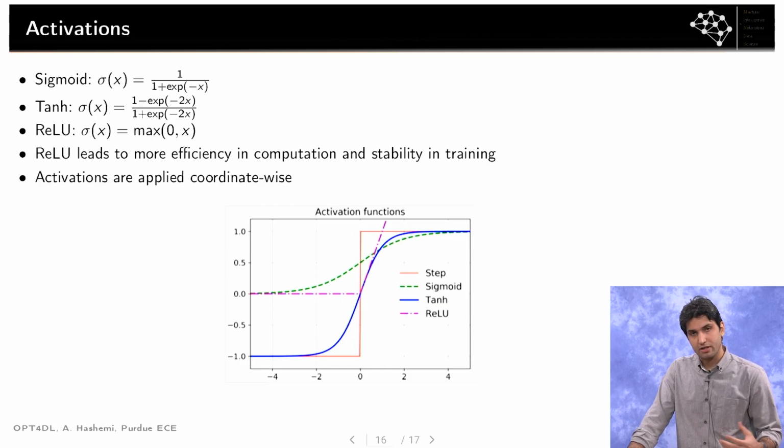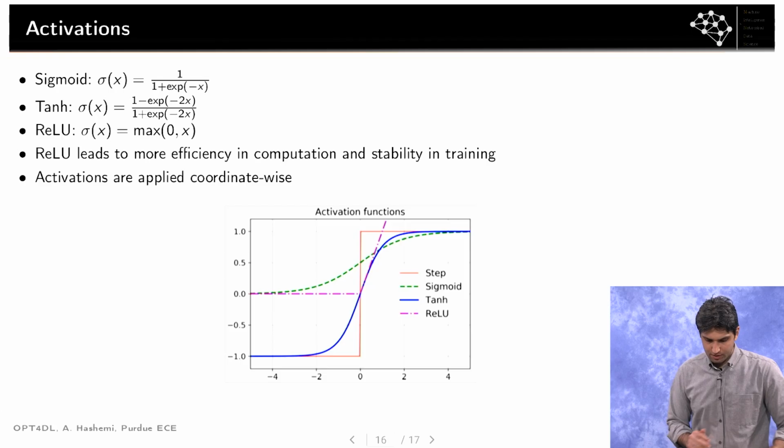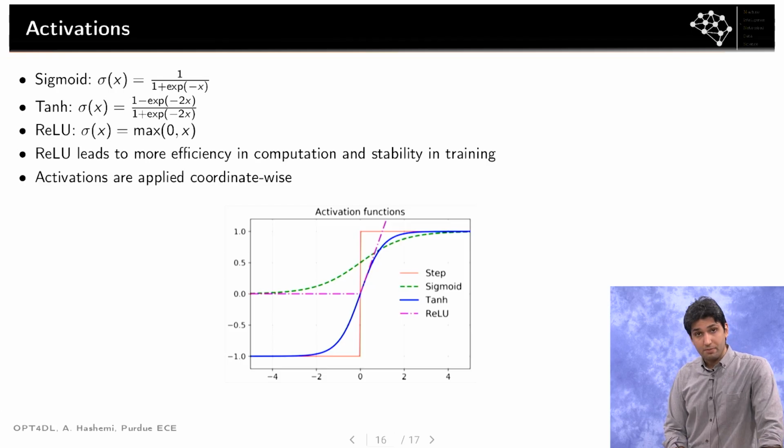So therefore, there's been a lot of research in the past few decades to find a good approximation to the sign activation. And here I'm talking about basically three of the most famous activation functions. Again, the idea is that we want to approximate, if you will, the sign.